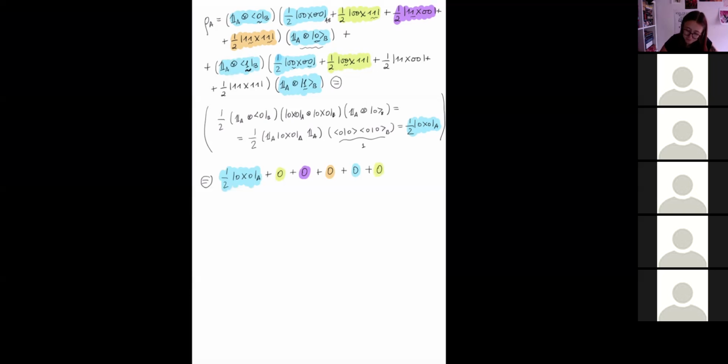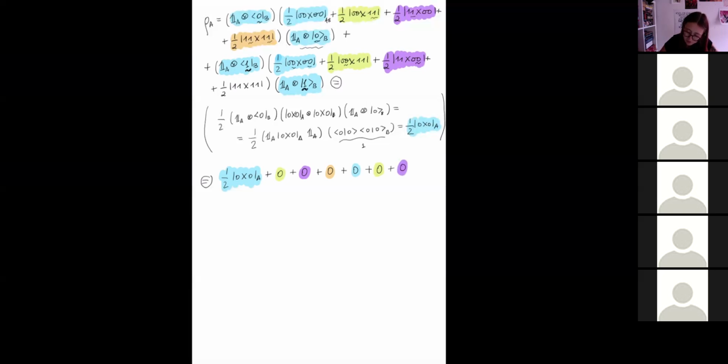Then the third element in the sum will give us 0 again, because here we have 0 on B, 1 on B. Again 0.